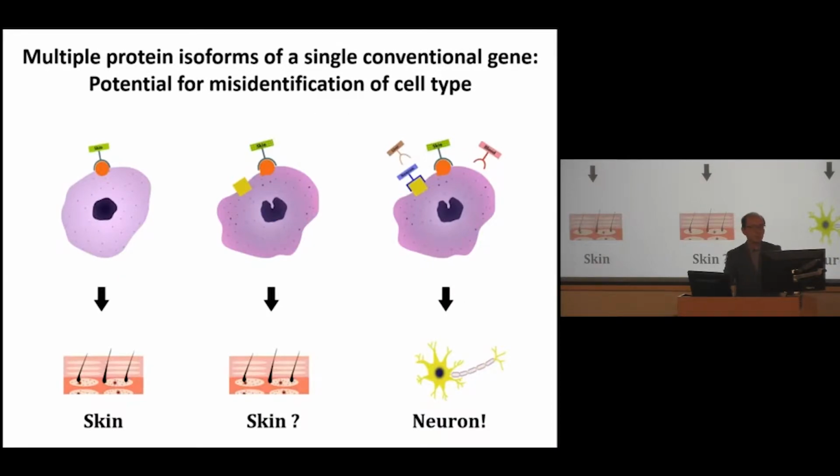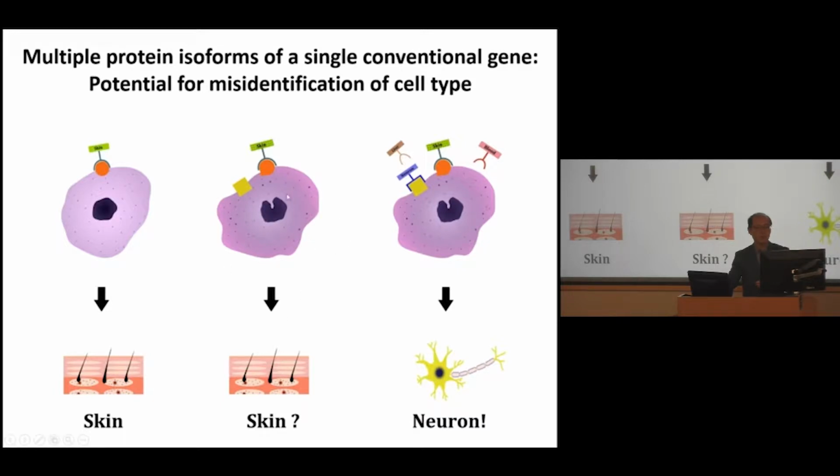This is another example that I can use to explain potential misidentification of cell type. Let's say this antibody binds to this protein to type those cells as a skin cells. However, this antibody binds to this protein, but this is an isoform of this, slightly different, so therefore different function, and there's a different protein expressed in this cell.